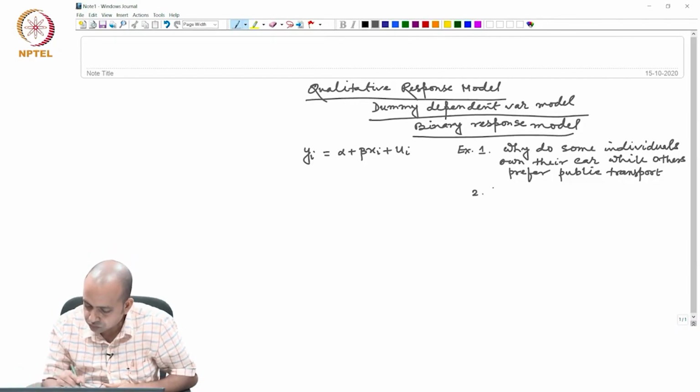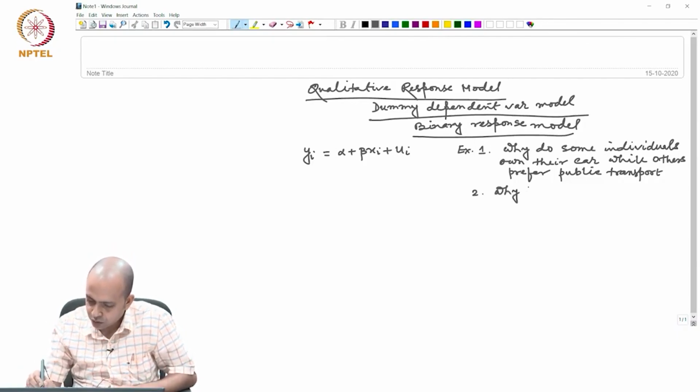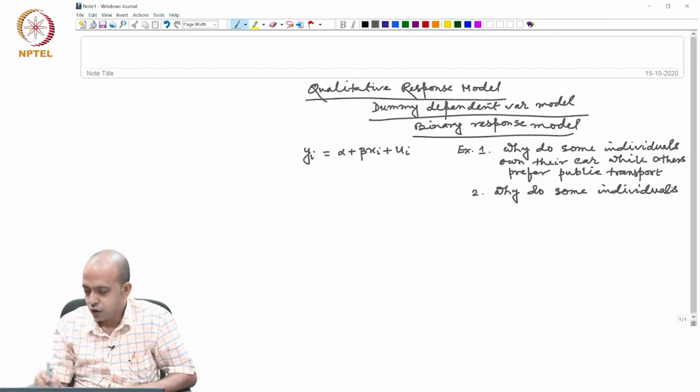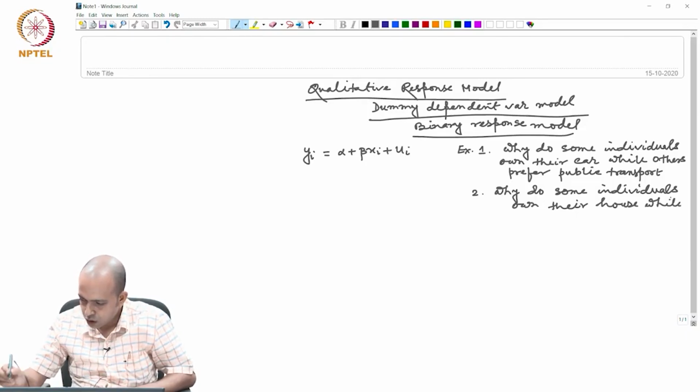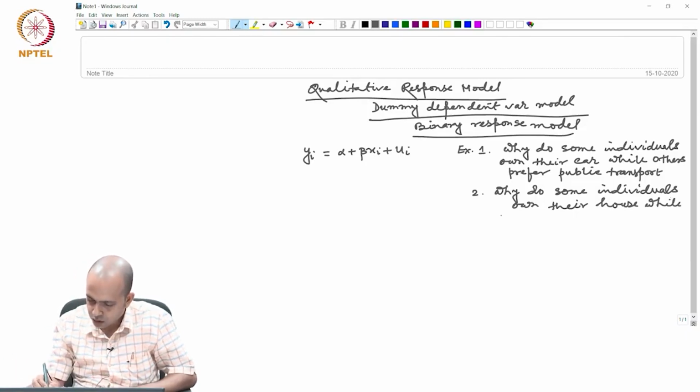Example number 2, why do some individuals own their house while others prefer to stay in a rented apartment.